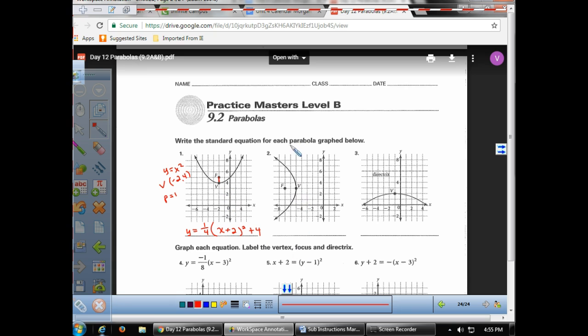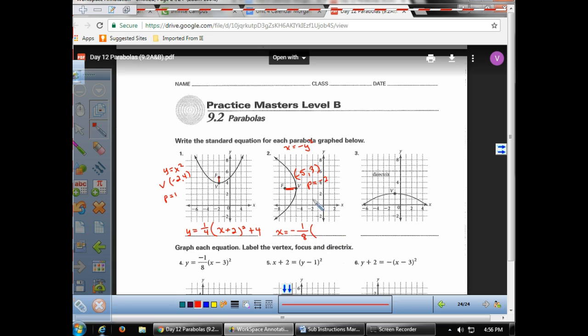Okay, this one opens to the left, so it's going to be in the form x equals -y squared, and the vertex looks like -5, 3. And it looks like our p is 2, or -2 if you want to think of it like that. Okay, so let's write this out. I have x equals a -1 over 4 times 2, so -1/8.